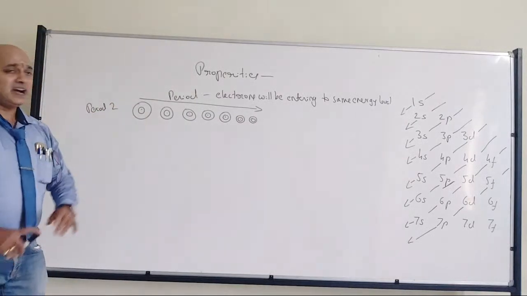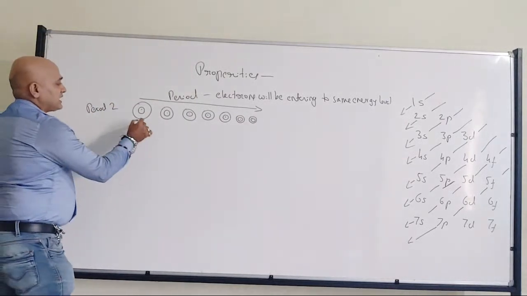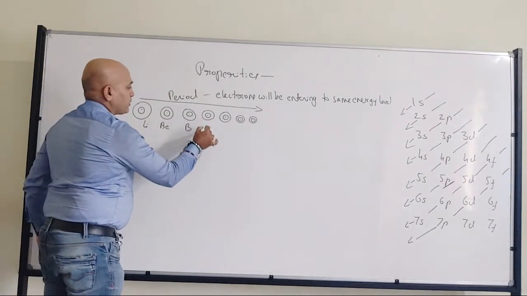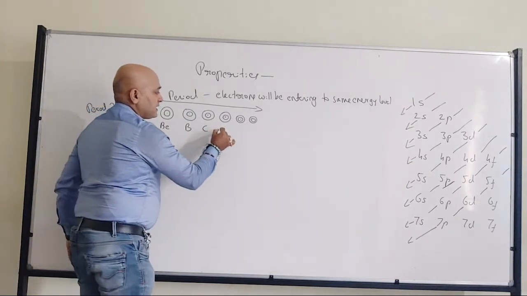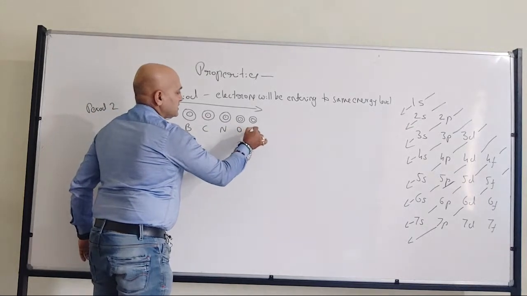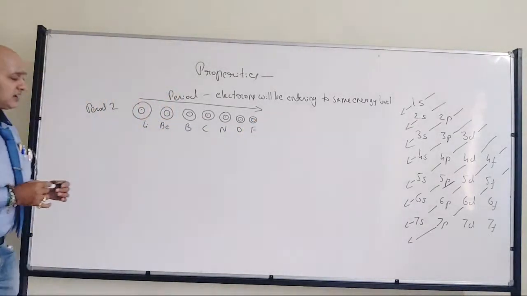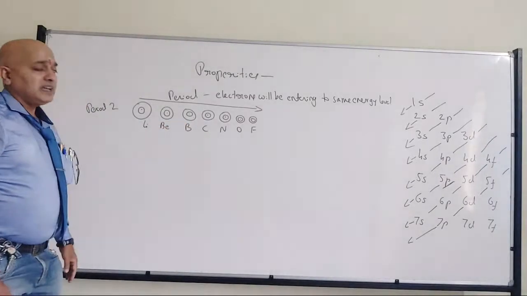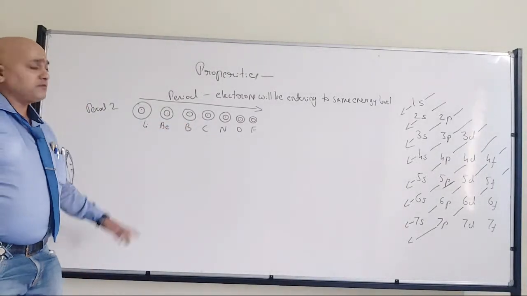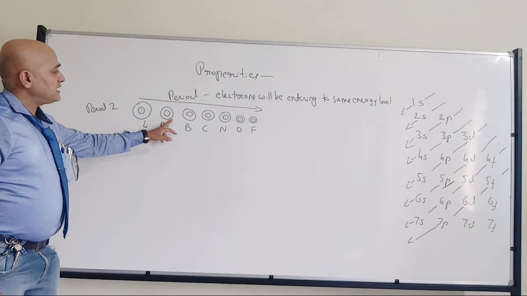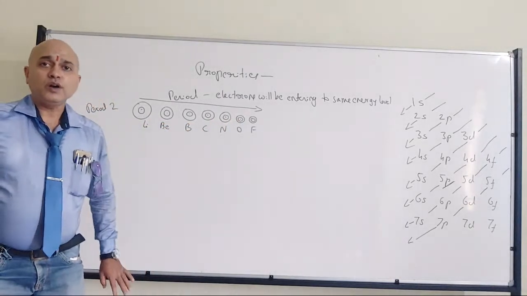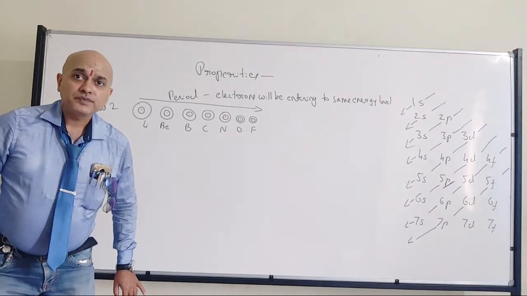So that's where we have the elements: lithium, beryllium, boron, carbon, nitrogen, oxygen, fluorine. In all these cases, electrons will be entering into energy level 2. Right? Energy level 2. All of you will agree? Fine.